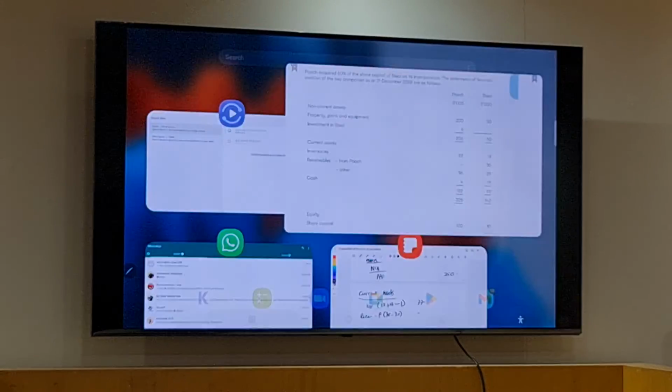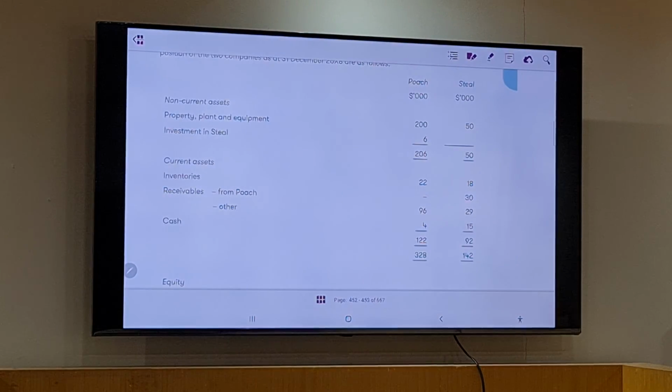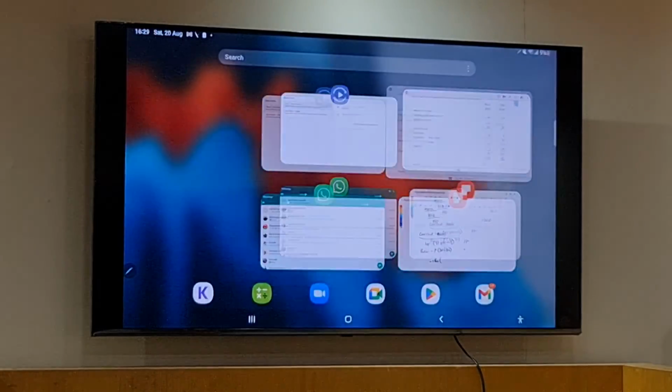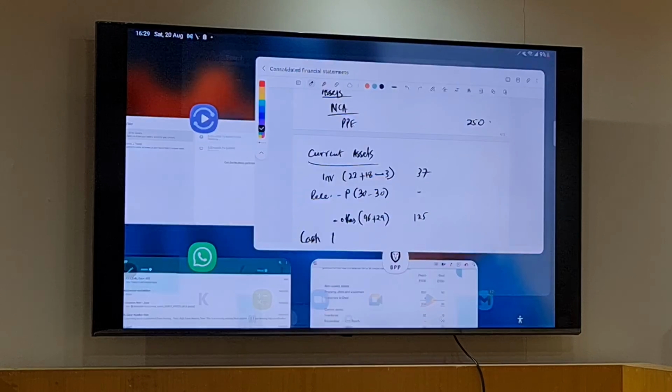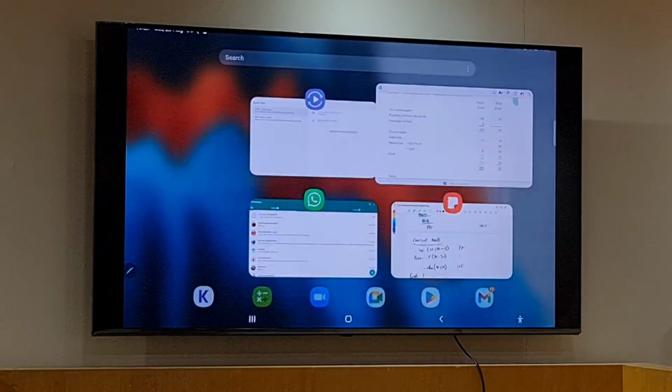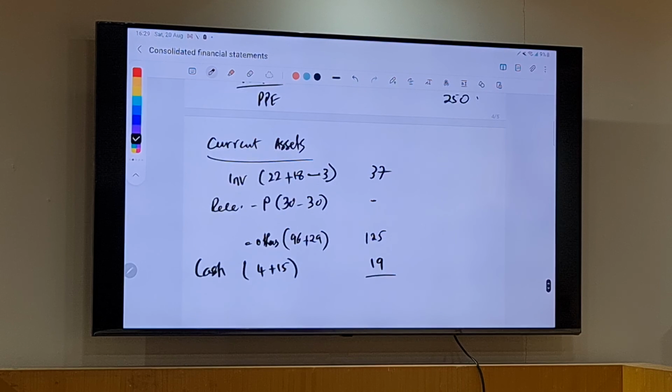So next line is others. How much others? 96 plus 29, 125. Cash, 4 plus 50, 90. What's the total?